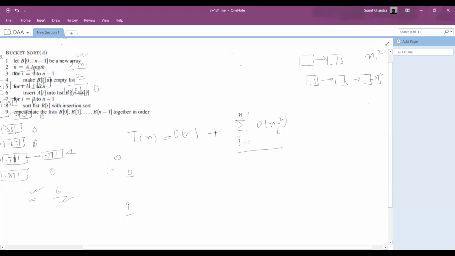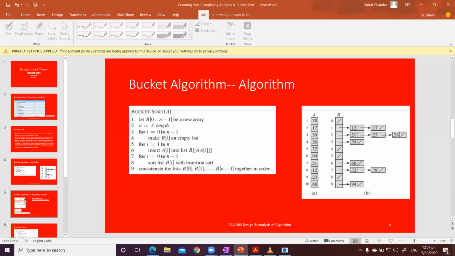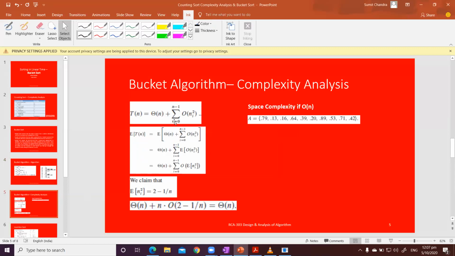This is the second linked list, n2 square. Then the third linked list, n3 square. So if there are i number of linked lists, we have n_i square. Okay, this one. So now, see here, 0 to n minus 1 order of n_i square.